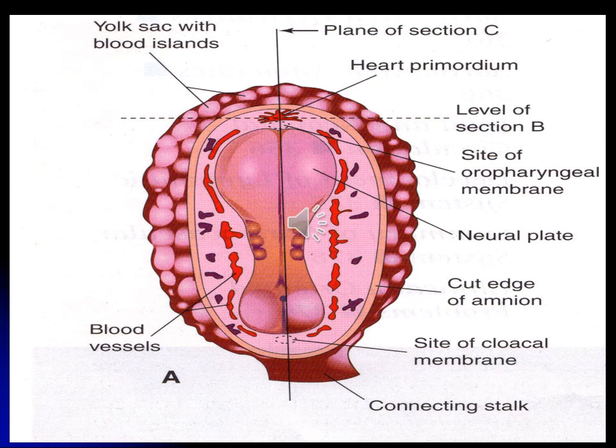Here also please remember the site of oropharyngeal membrane, or let us say the future mouth. So cranial to the future mouth will be the developing heart. The opposite portion is the aboral end, or the future anal canal. For some time it's called cloaca. Before that, later on it will divide.